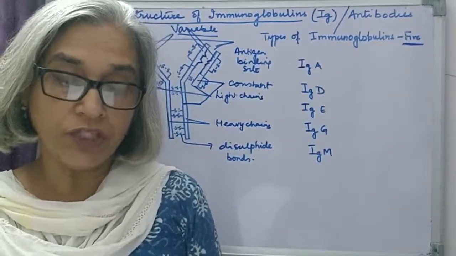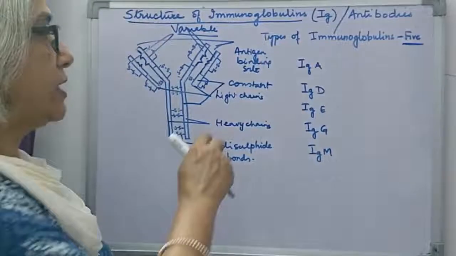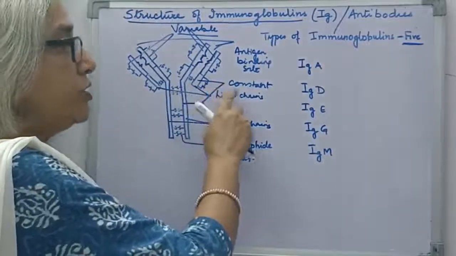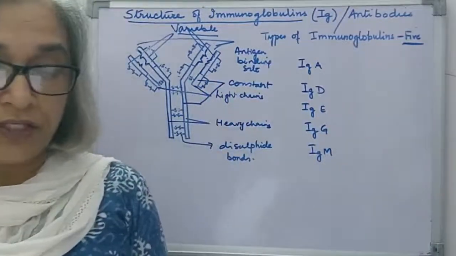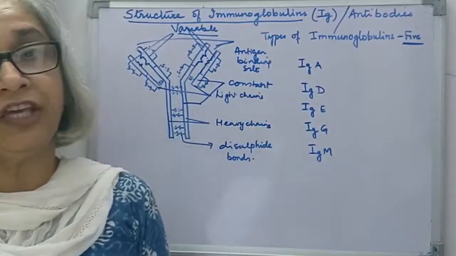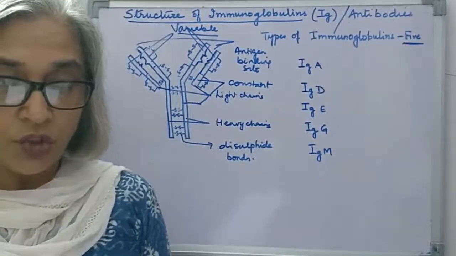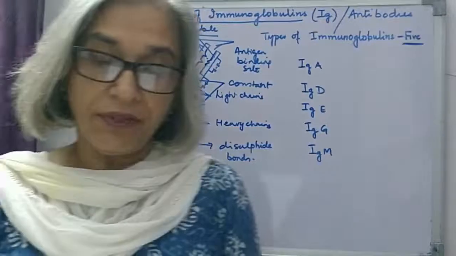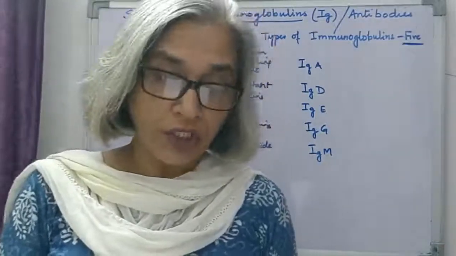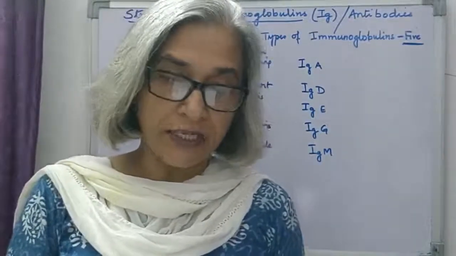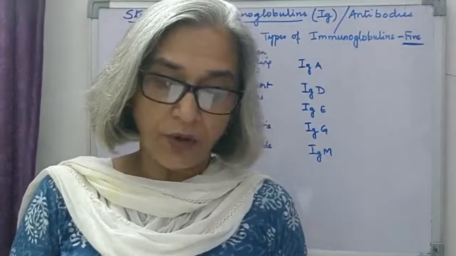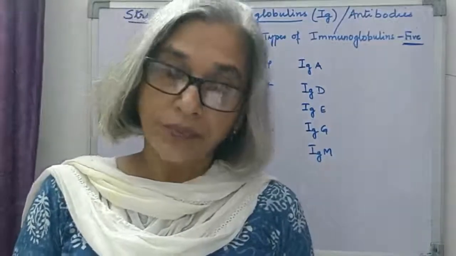Each of the 4 chains has a constant region and a variable region, called the C and the V region respectively. Due to the variable regions, there is a huge variety in the shape of antigen binding sites. Hence, different antibodies can react to different antigens.